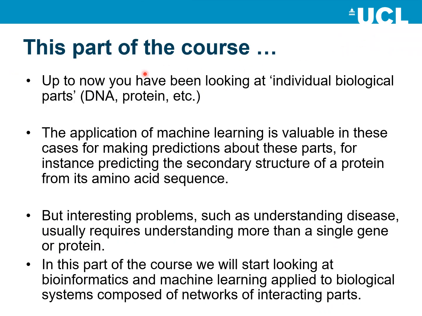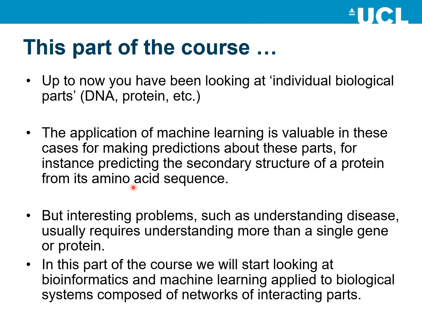So what is this part of the course going to be about? Well, with David, up to now, you've been looking at individual biological parts, DNA, proteins, etc. And he's explained how machine learning can be applied to these biological components to make predictions about them.